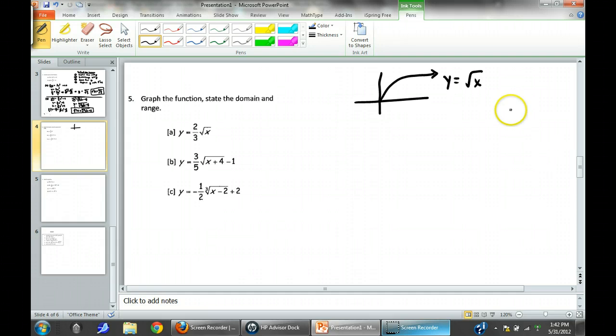Well, 2/3 being less than 1, that causes a vertical shrink. It's not as high as it used to be.